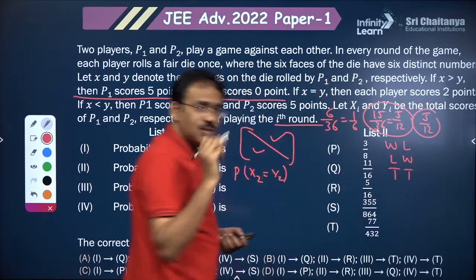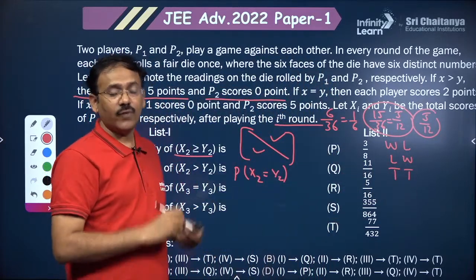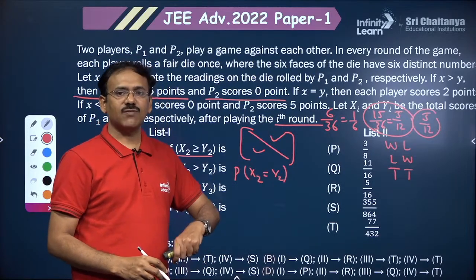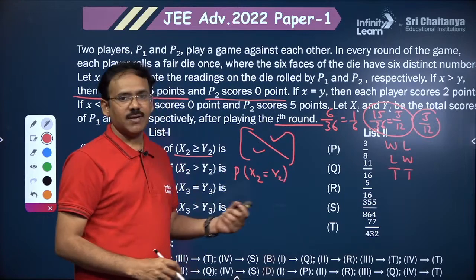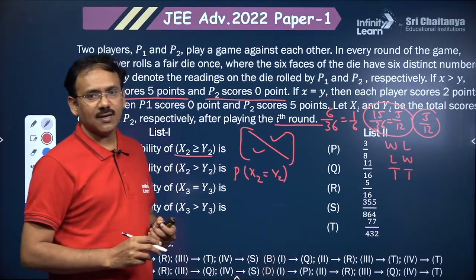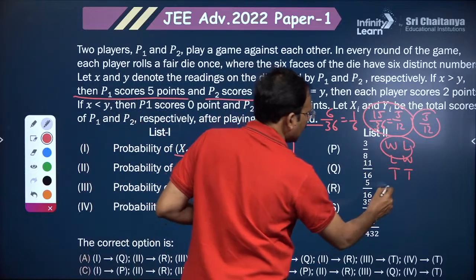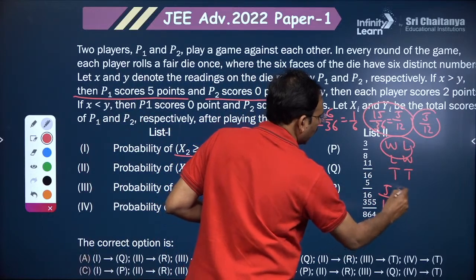So in a single game for A or B, winning chance is 5 by 12, losing chance is 5 by 12, tie chance is 1 by 6. Now two such games are done, so what is the chance that A wins, B loses is 5 by 12 into 5 by 12.